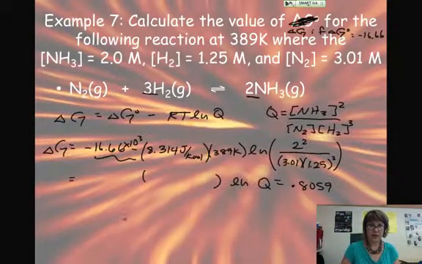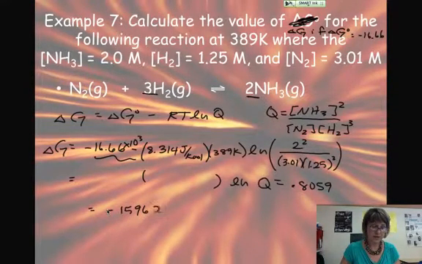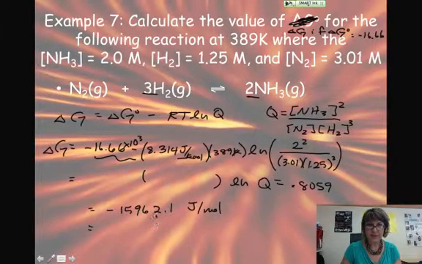Alrighty, so I ended up with negative 15962.1, and that is, when we cancel out our kelvins, joules per mole. Now let's check our sig figs, please. I get to keep only 2 sig figs.